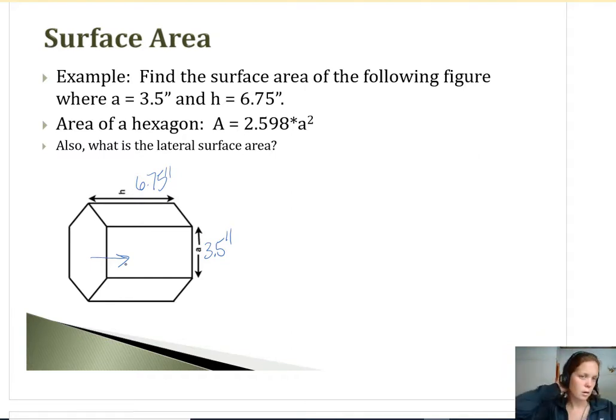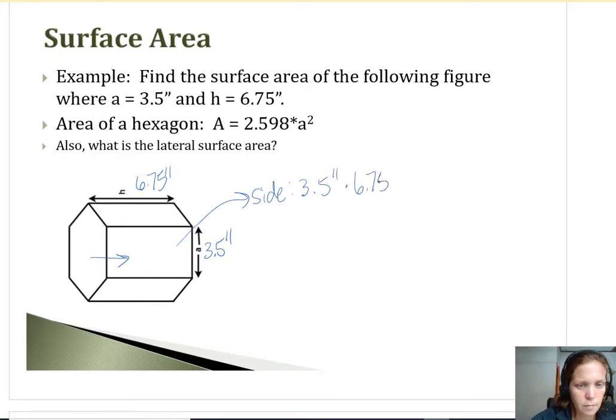So let's get the area of each of the sides. Let's just get one of the sides for now. That'll be 3.5 times 6.75. Each of these would be 6.75 times 3.5, which is 23.625.